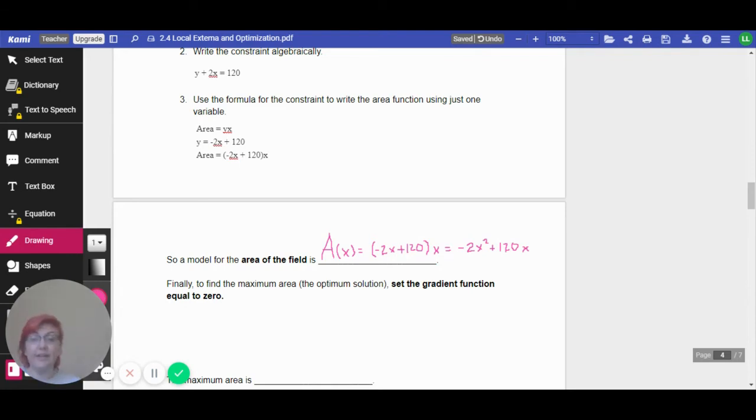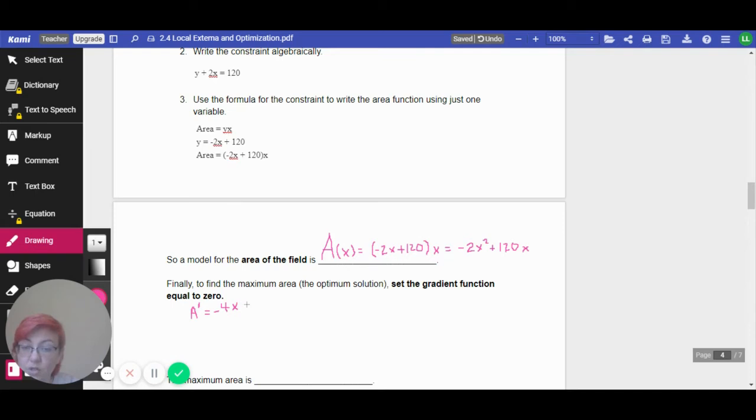Now, finally, to find the maximum area or the optimal solution, we're going to set the gradient function equal to 0. So I need to find A prime. All right. 2 times negative 2 is negative 4. And x to the 2 minus 1 is just x to the 1, or x.